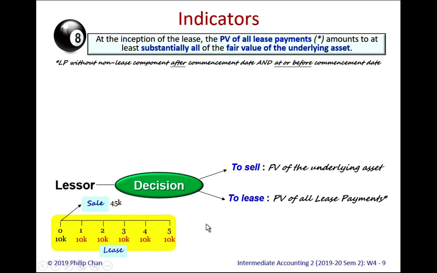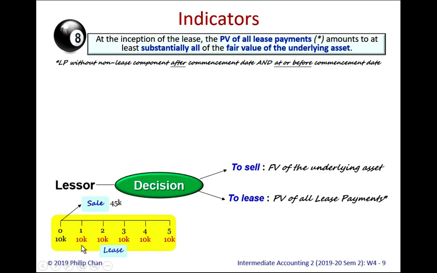Of course, you would have to discount all those cash flows and then compare with the 45K. When you're discounting all those cash flows, remember the first 10K at time t0 does not need to be discounted. You simply add it, because that is the present value of its own, which is 10K at time t0. So you add them up.